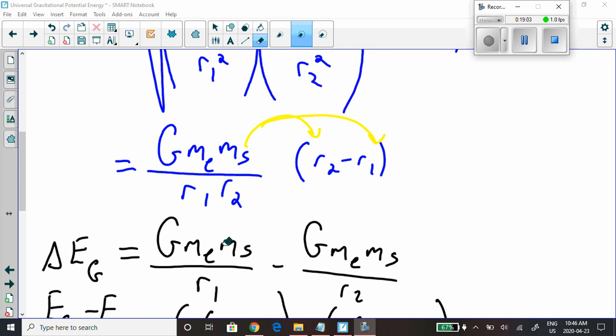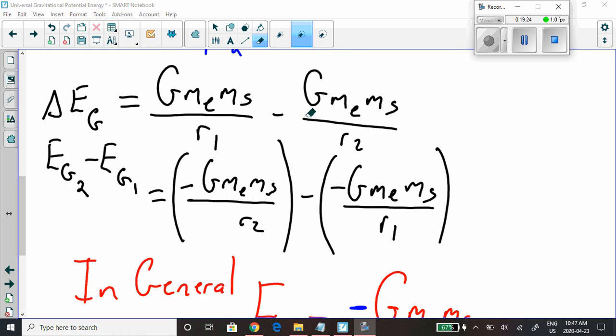And remember, this is finding the area under that graph, which is the work done by the lift force, which is also the change in big G, the change in universal gravitational potential energy. Now, we have an issue here because delta EG means EG2, or final, minus EG initial, or 1.